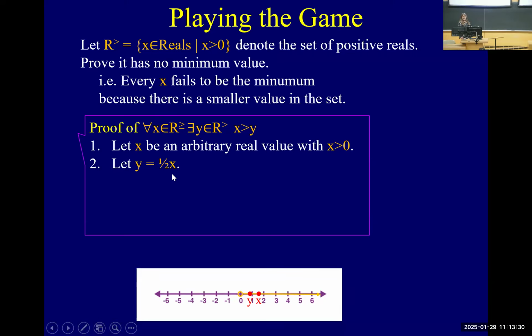What's my y? Half of x, right? Now, we're assuming that people know how to do algebra, right? So then you say, what about y? Well, it's in our set because it's bigger than 0, and it's smaller than x. So we're done. All right, everybody good?